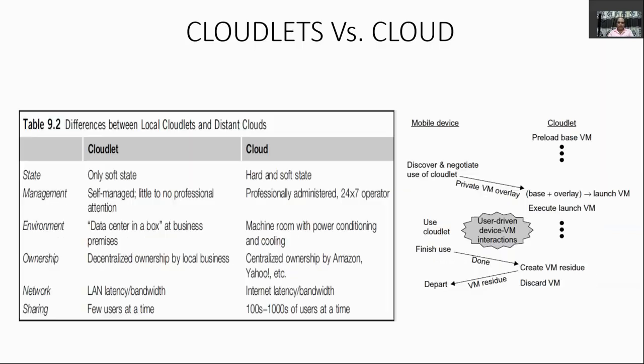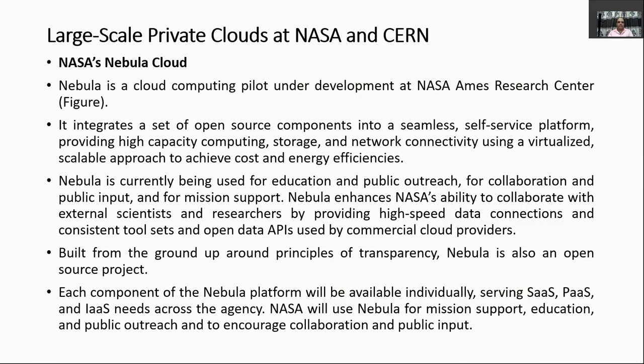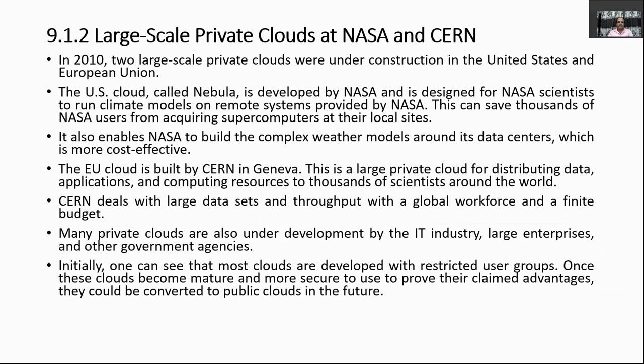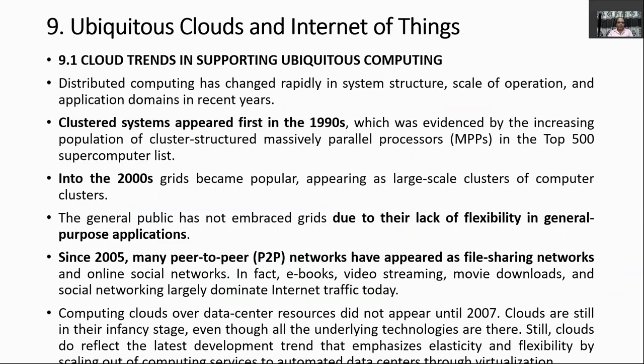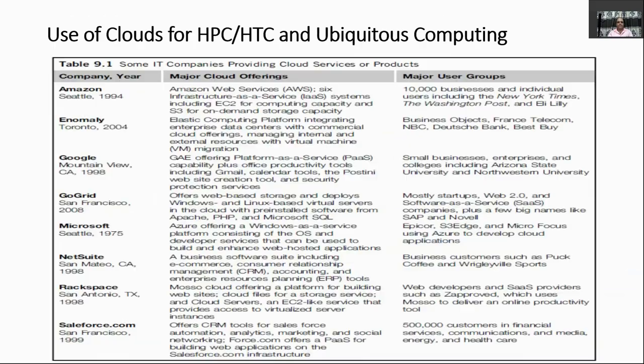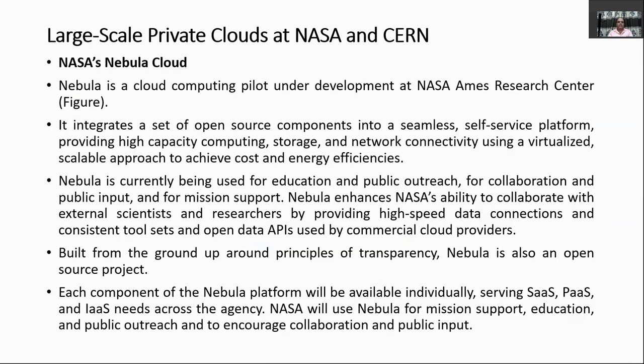So these are various examples or cloud trends which are being used for ubiquitous computing. Ubiquitous computing is nothing but computing from anywhere, anytime. As per this, NASA has provided different cloud services, and the Nebula Cloud itself, a platform which is now publicly used by scientists as well as researchers.